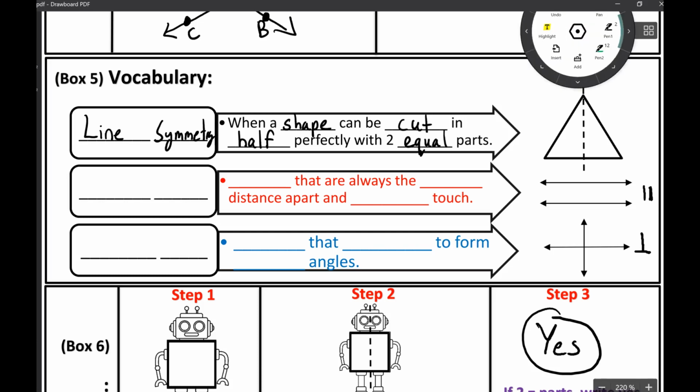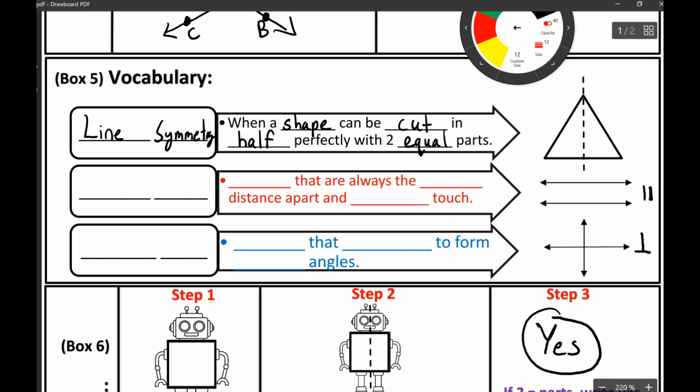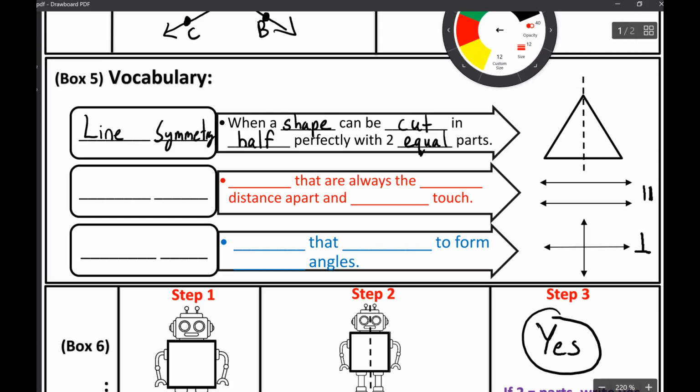For example, let me get a different color right here so we can highlight this. Over here on the right side, I have a triangle, and straight down the middle of the triangle, I have a line that's cutting right through it. That line is splitting the triangle into two equal pieces, kind of like when you fold a paper and you get two equal pieces.